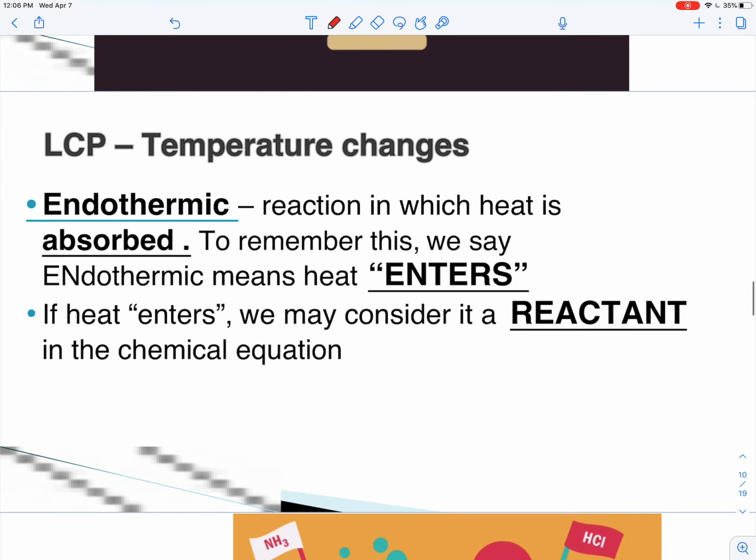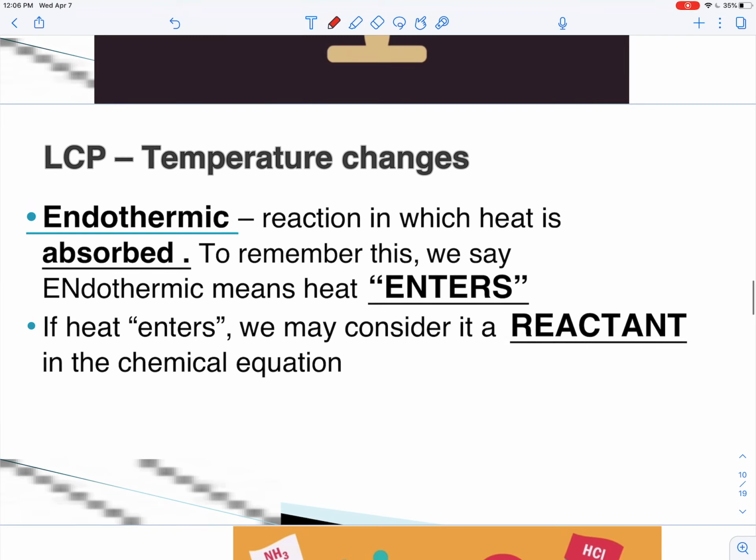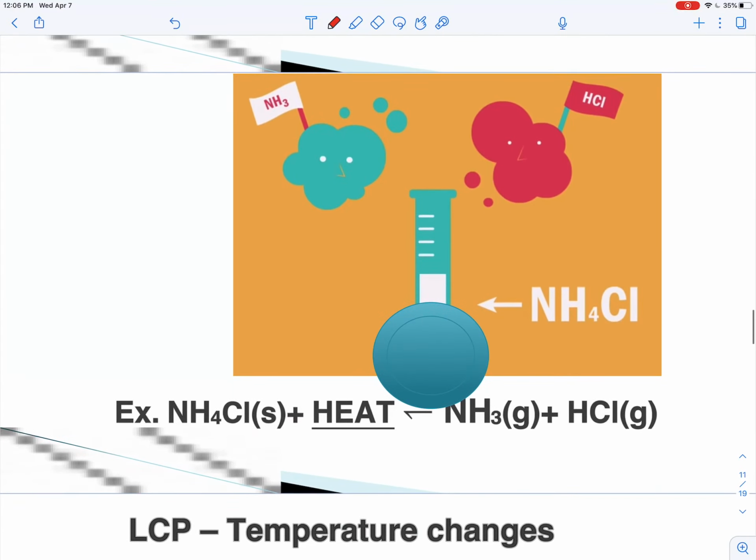What about temperature? So endothermic, heat is absorbed. When we talk about these reactions, in an endothermic reaction, heat can be considered a reactant. So we might even write it in the chemical equation like so. So heat, again, is a reactant.